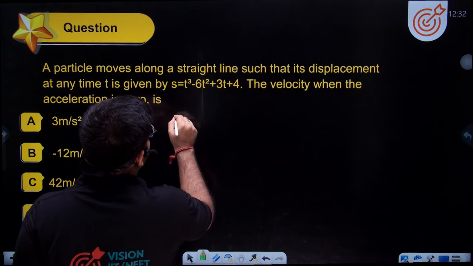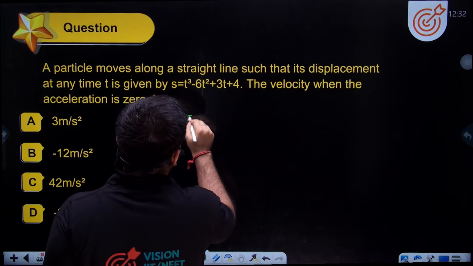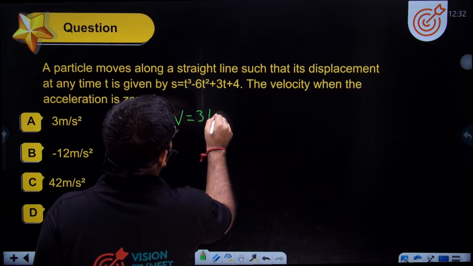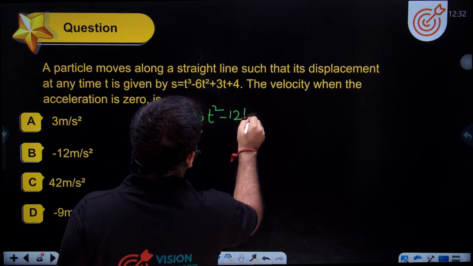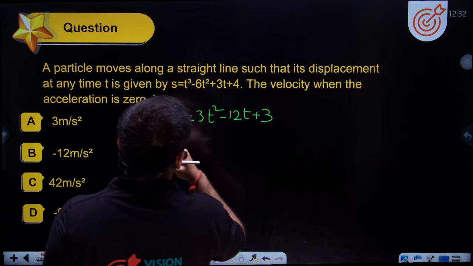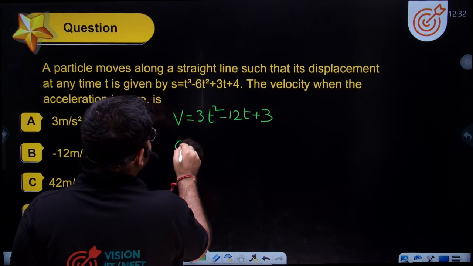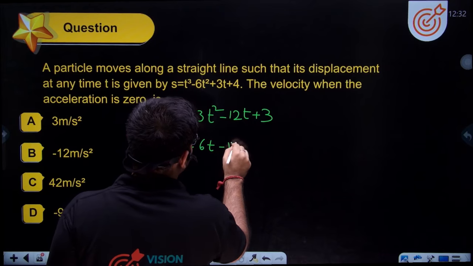So we can say that velocity is nothing but, I'm directly differentiating it, so 3t square minus 12t plus 3. Okay, this is your velocity. Acceleration is going to be 6t minus 12.